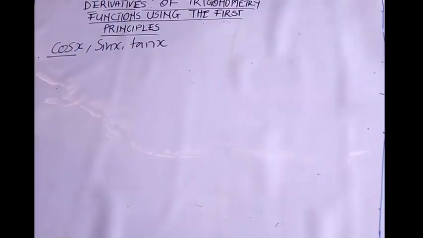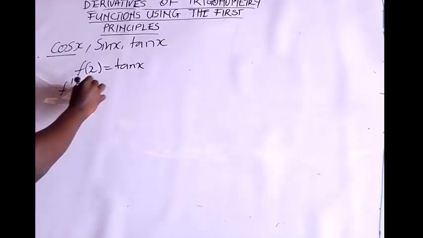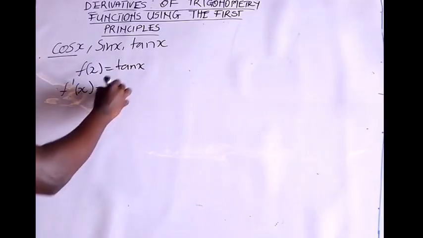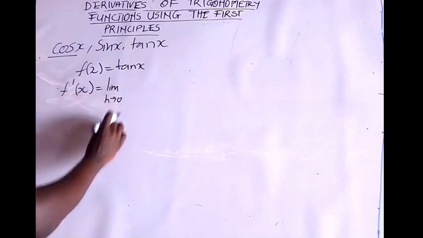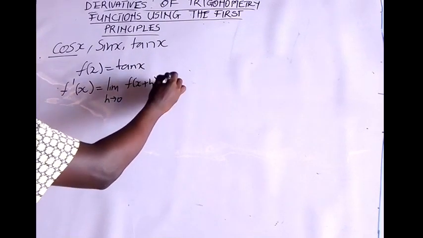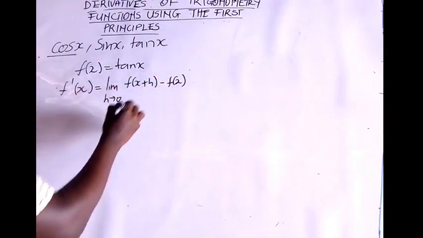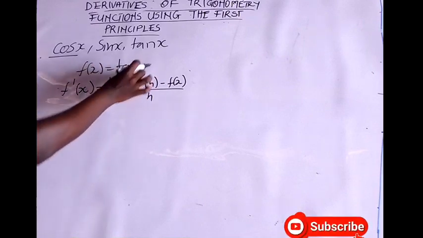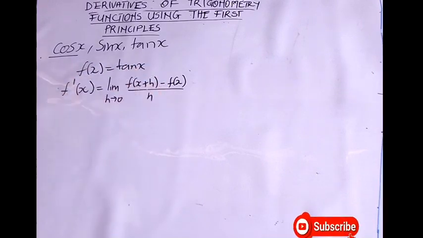So finally, let us consider f of x is equal to tan x. So the first principle is defined by the derivative of f of x is equal to the limit as h approaches 0 of f of (s plus h) minus f of x, all over h. So wherever we see x, we replace it by s plus h.